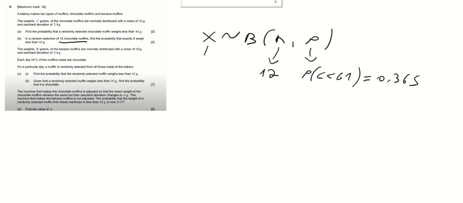And X is the number of times that the event which has the probability P will happen. So we have here X equals 5, because we need that exactly 5 will weigh less than 61. So we ask, what is the probability that X equals 5?